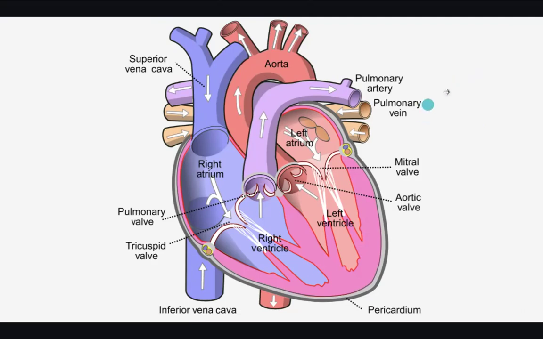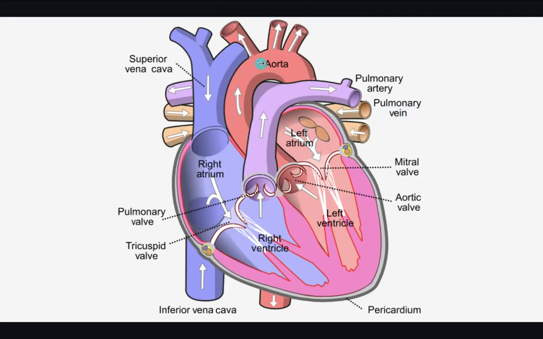So from the lungs, it enters the pulmonary vein, and then it will enter the left atrium. So this is the upper chamber, and then the oxygen-rich blood gets collected here, and then it will be pushed downward by the mitral valve to the left ventricle, and then down to, or getting into the opening of, the aortic valve and then outside to the aorta.